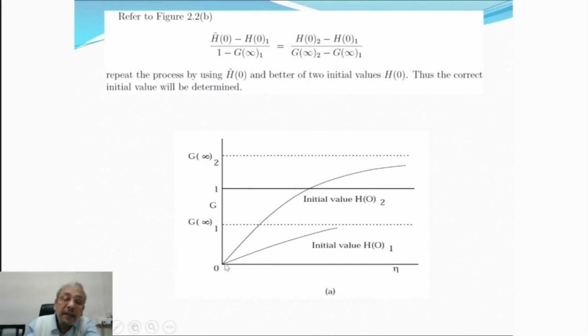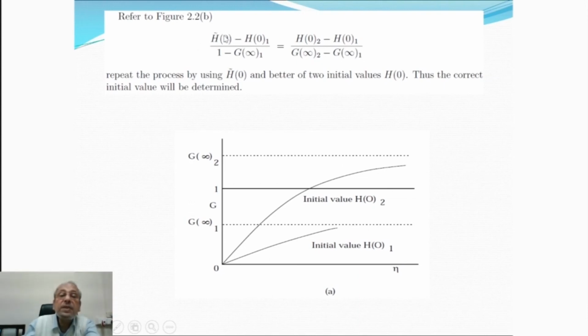Then for another guess, we can see the variation of g, and it has also crossed 1. So now from these two, we can find out the exact initial value for which g will reach 1. And that can be done.